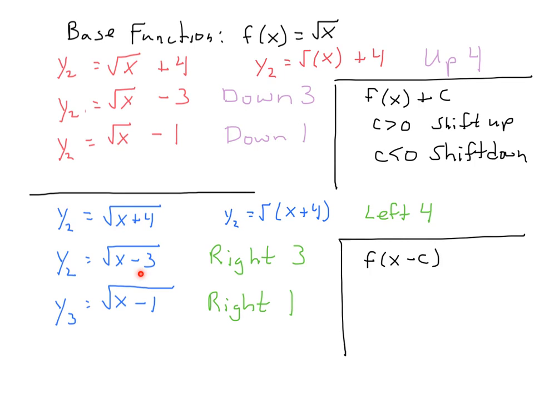So when I had x minus 3, c is a positive number, whereas in the first one, when I had the square root of x plus 4, c is negative, because you have to think of it as x minus a negative 4. So always remember with the horizontal shifts that the sign on c is going to be the opposite of what you see in the problem. So when c is greater than 0, it's going to shift right.